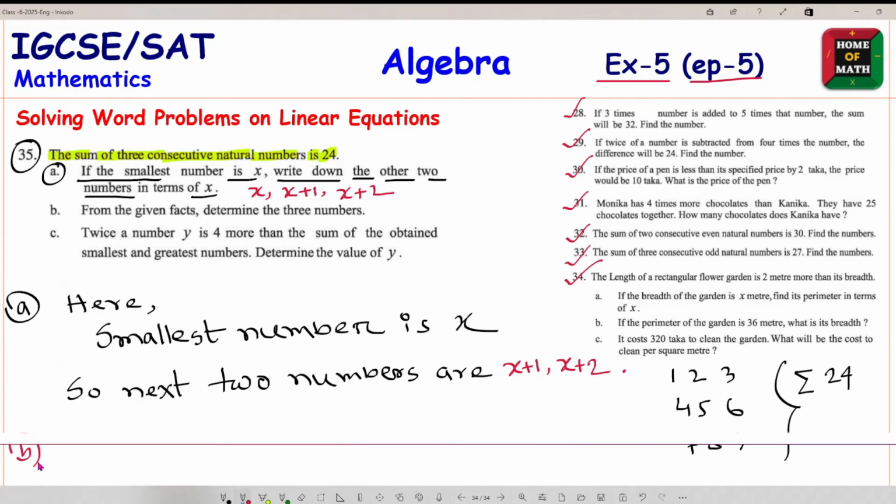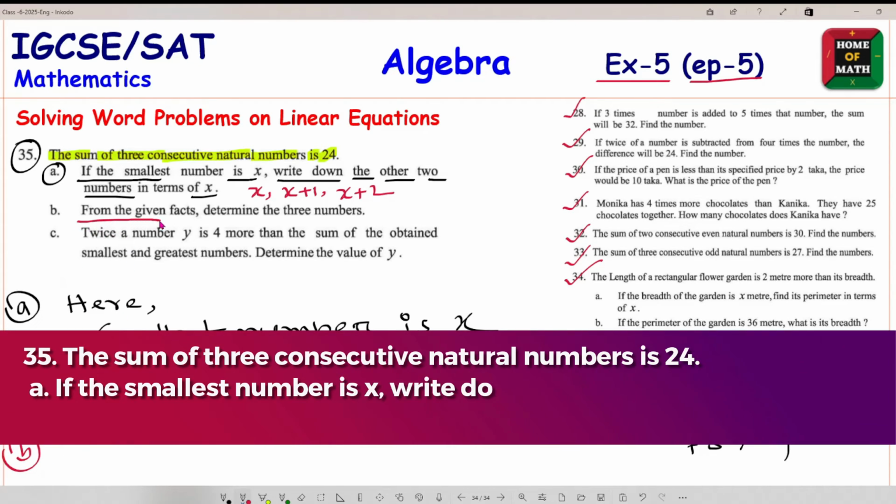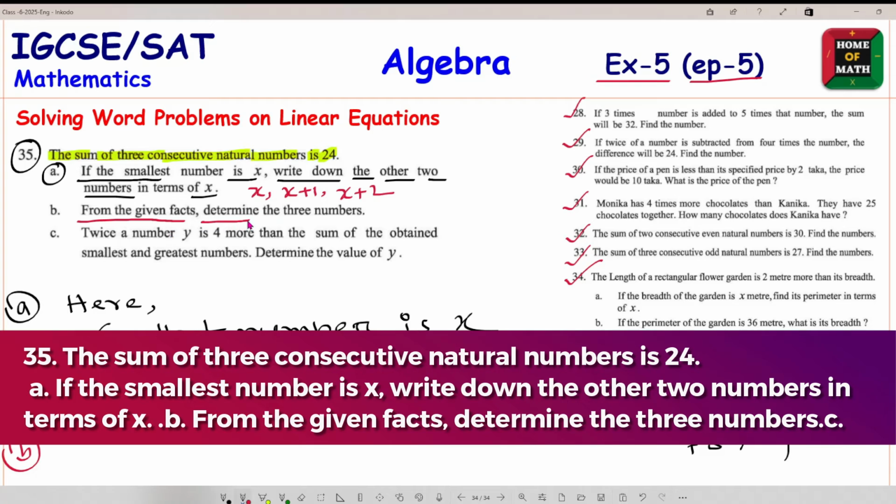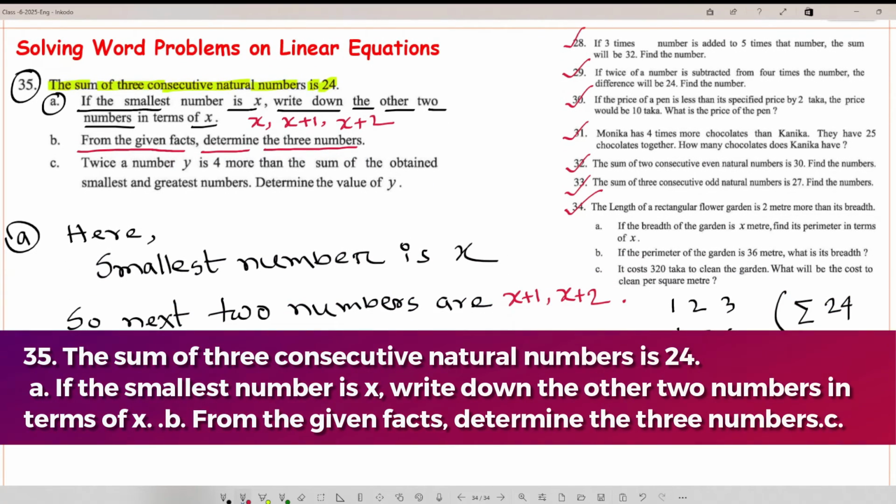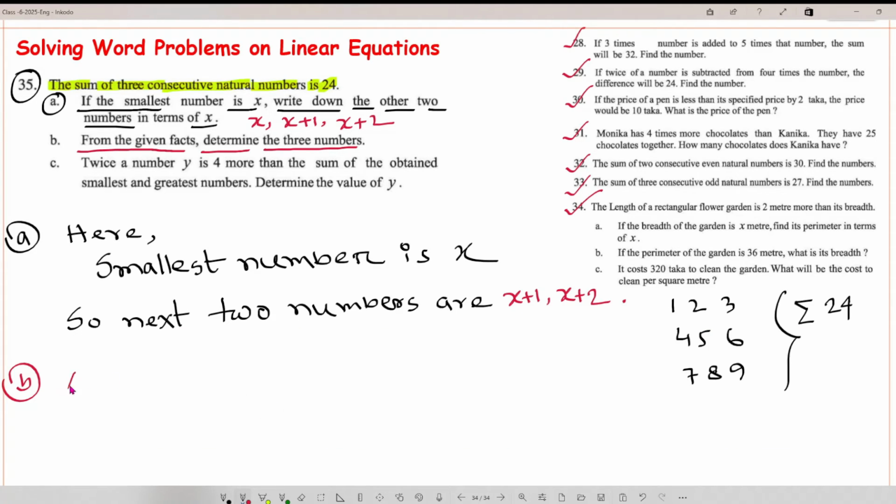Now number B, from the given facts determine the 3 numbers. Now we have to find out the numbers. So as per question, the sum of 3 consecutive natural numbers is 24.